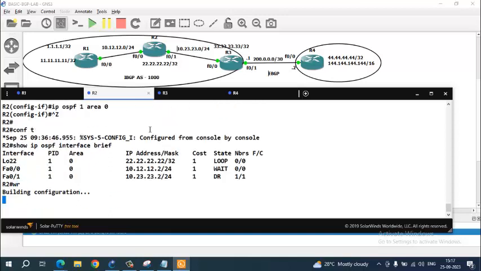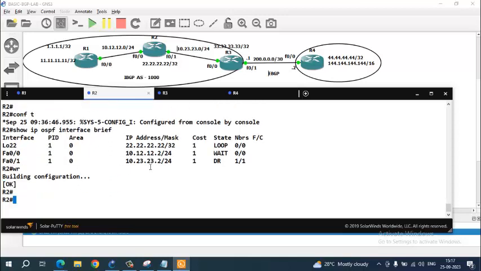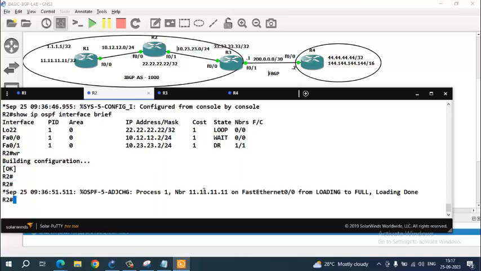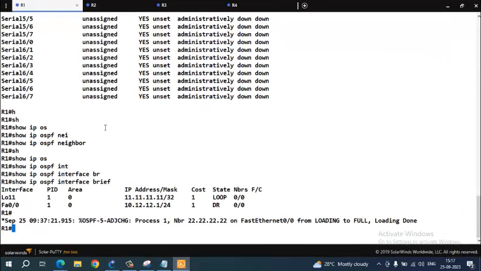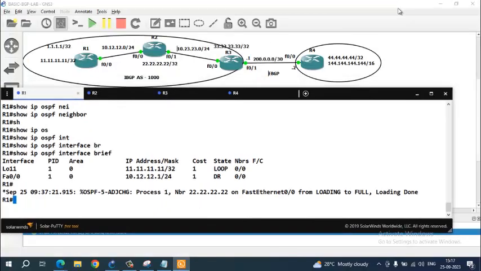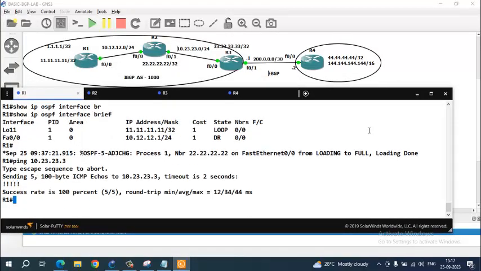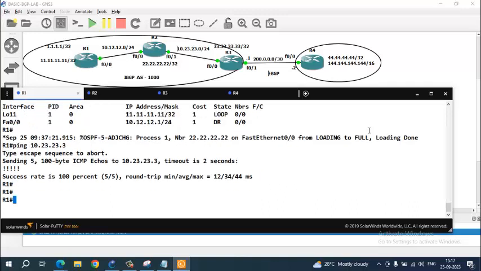Okay, now I can see OSPF is running, and I got the neighbor as well. So look at this, I can ping this neighbor which I have configured. But the BGP neighbor will not come up unless you go and configure on R3.